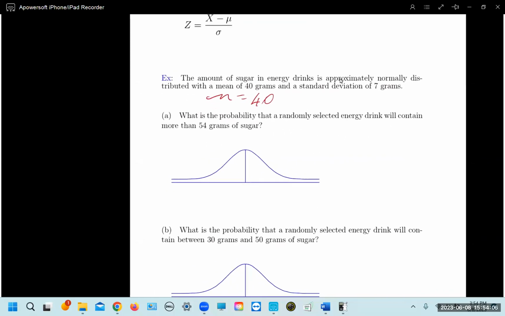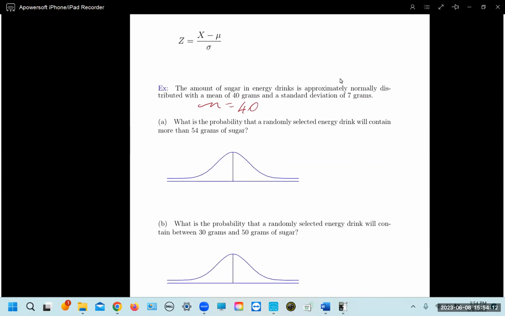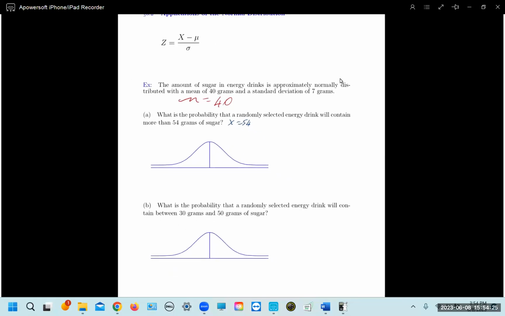So as we know, we have a formula for this. So we use these formulas up there. So we have, X is 54, and that's the sigma right here, standard deviation, that is 7.